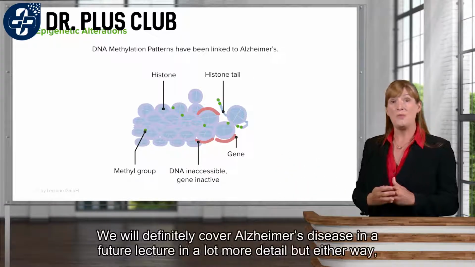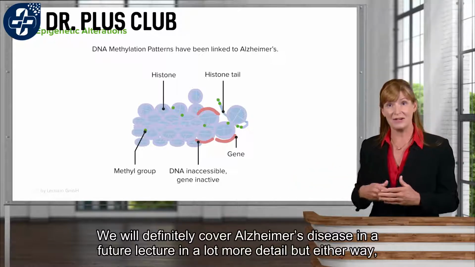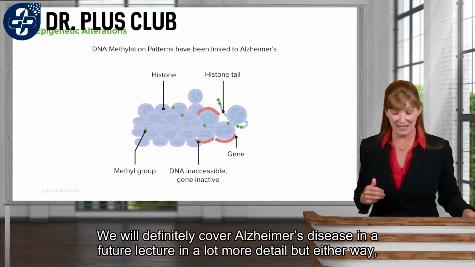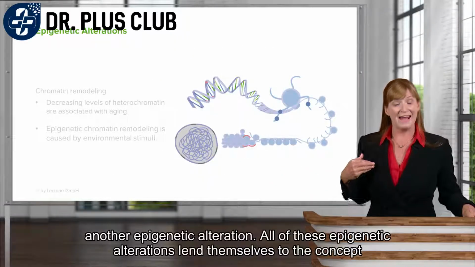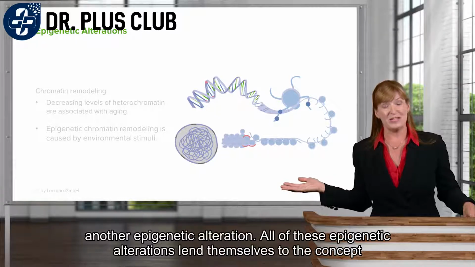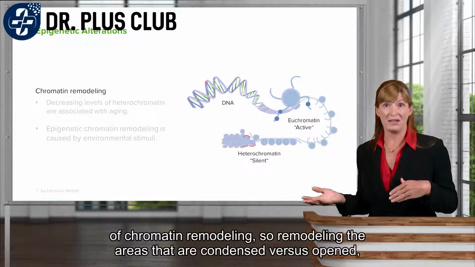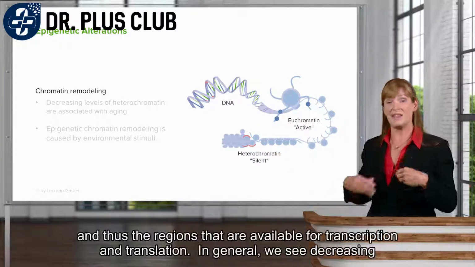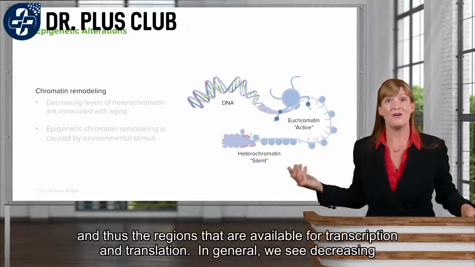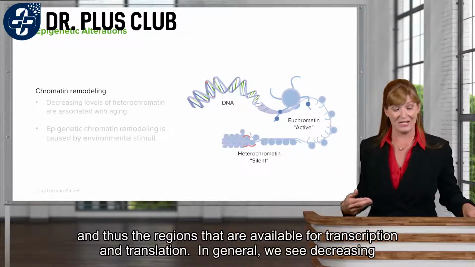We will definitely cover Alzheimer's disease in a future lecture in a lot more detail. But either way, another epigenetic alteration. And all of these epigenetic alterations lend themselves to the concept of chromatin remodeling. So remodeling the areas that are condensed versus opened, and thus the regions that are available for transcription and translation.